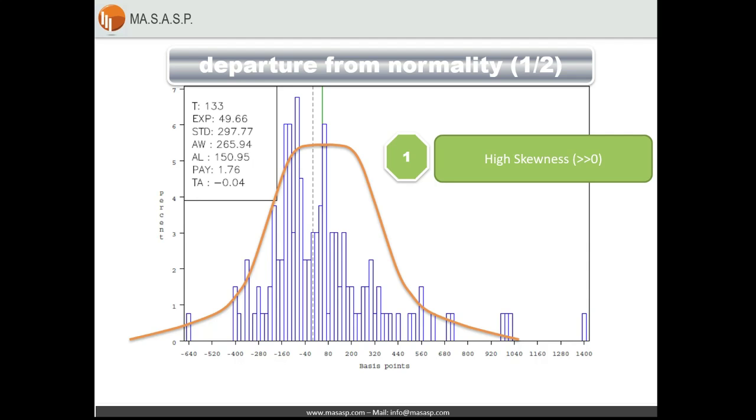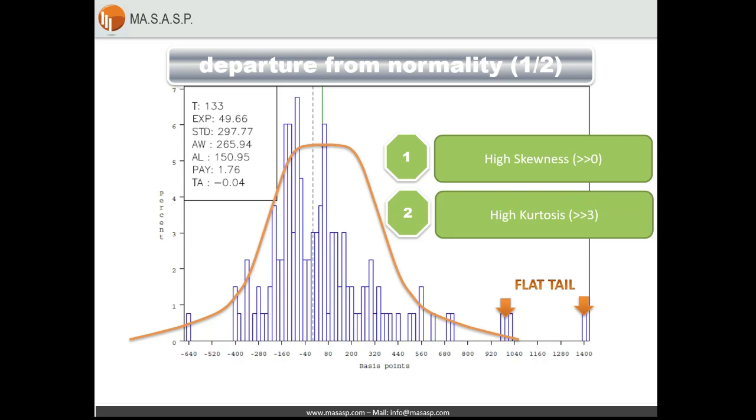The second thing to remark is that the trade return distribution is larger than its approximating normal distribution. It is said to have flat tails. The presence of such tails is referred to as kurtosis.